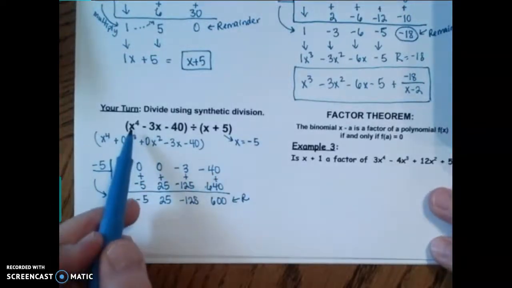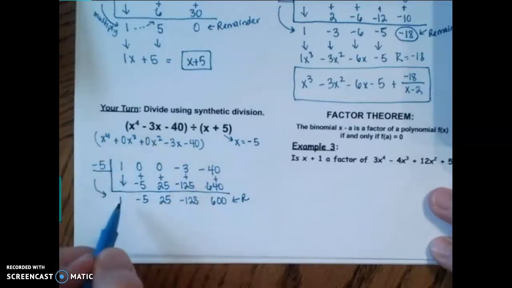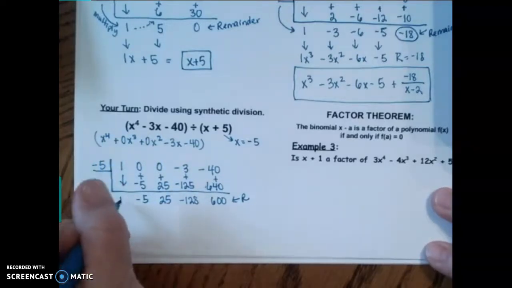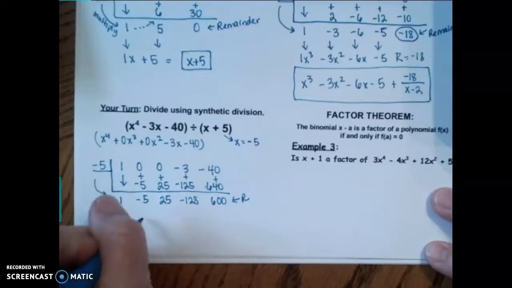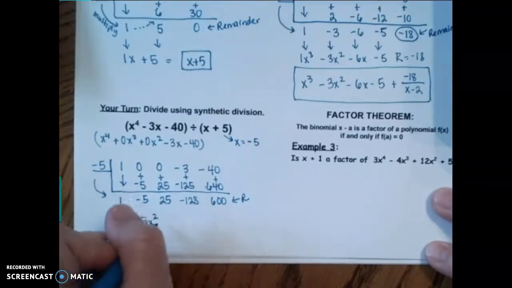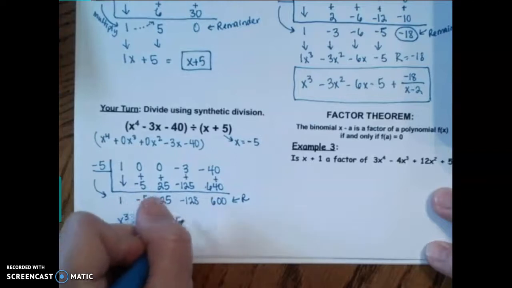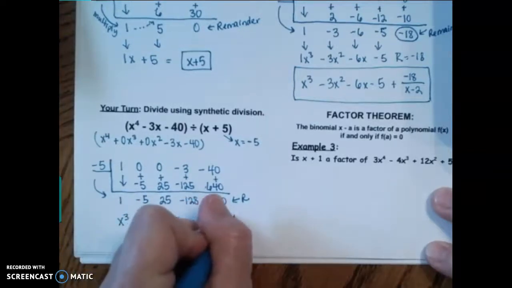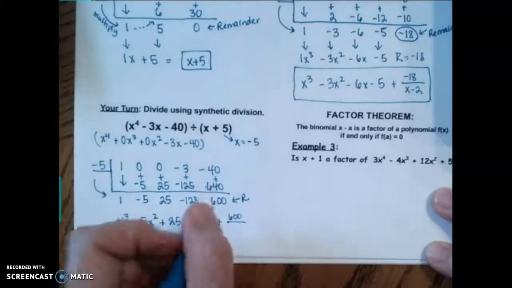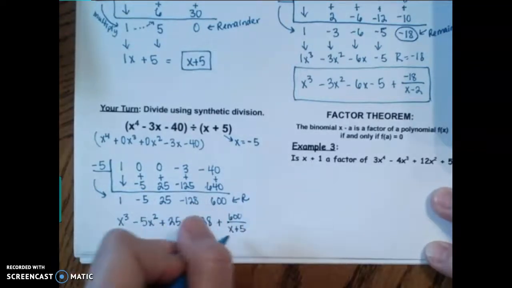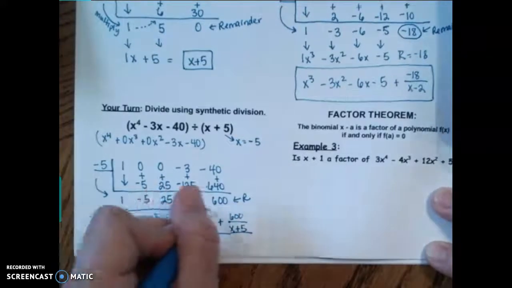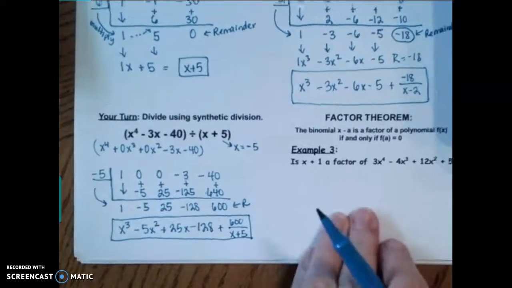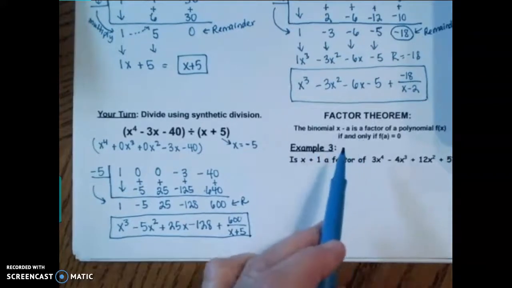So again, this started with x to the 4th. You're going to begin your quotient with 1 degree less than that. So x to the 3rd minus 5x squared plus 25x minus 128 plus 600 over our divisor. Hopefully you got that right. And in the next video we'll start up on the factor theorem.